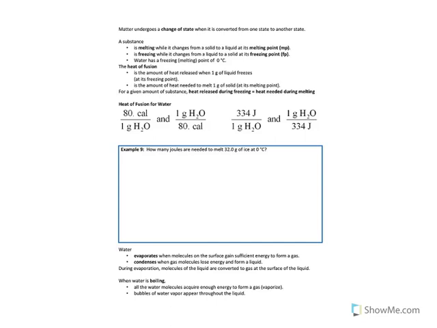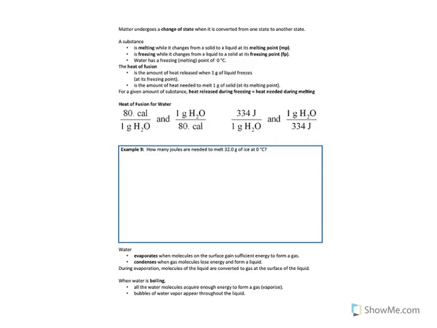The heat of fusion tells you how much heat is released or let go when 1 gram of liquid freezes. It is also the amount of heat needed to melt 1 gram of solid at its melting point. For any substance, the heat released during freezing is the same as the heat that you need to melt it.